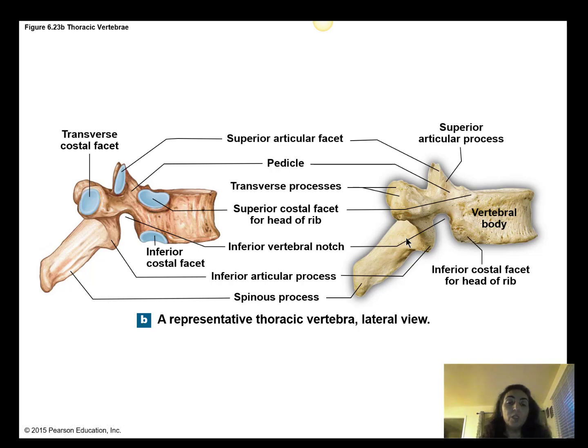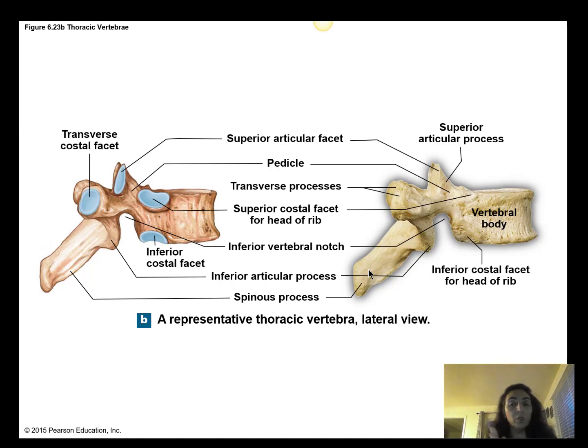So this is the way that you recognize a typical thoracic vertebra. As we said, the spinous process is long and downward, right? Later I will show you a typical lumbar vertebra, and you will see that it is different.